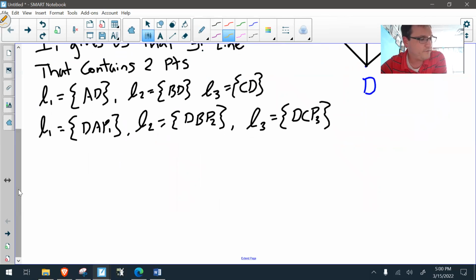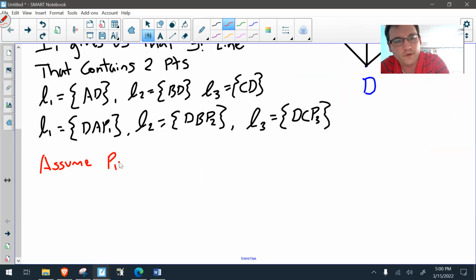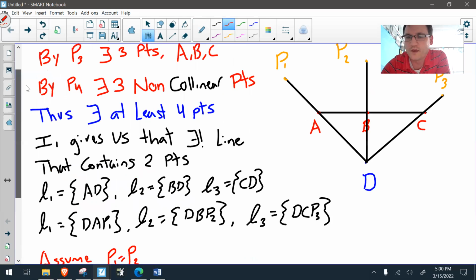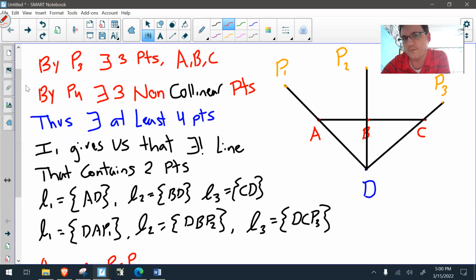So let's just go ahead and assume, without loss of generality, that P1 is going to be equal to P2. If we look at those top 2 points, P1 and P2, we're saying that's really the same point. So we kind of have an overlap. Maybe these lines curve around.